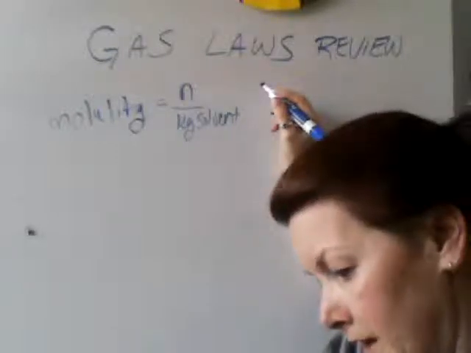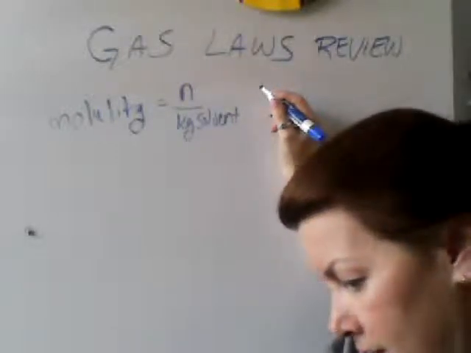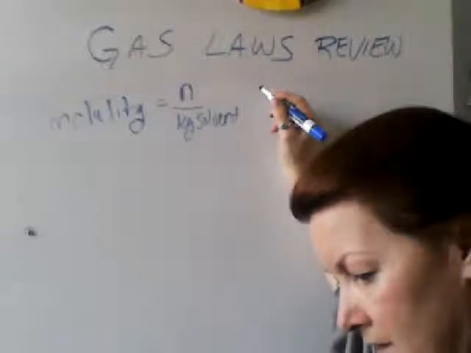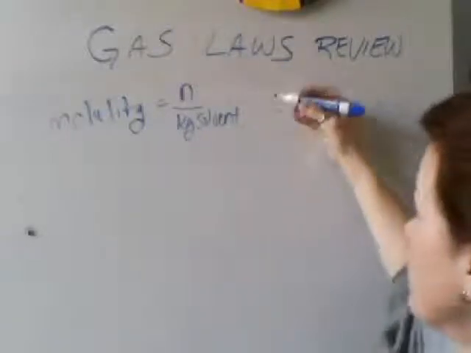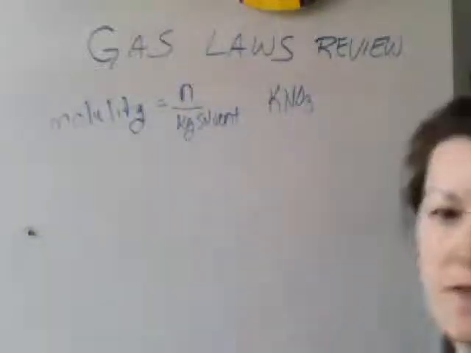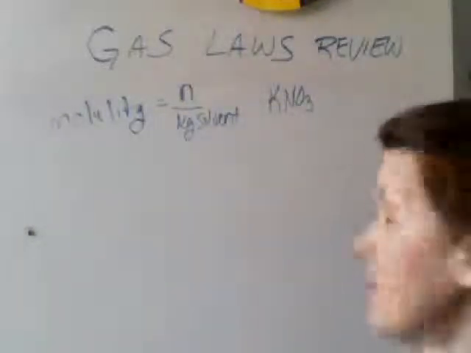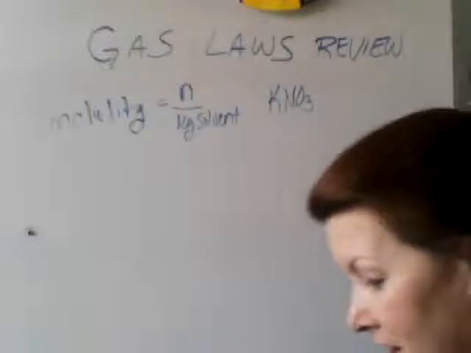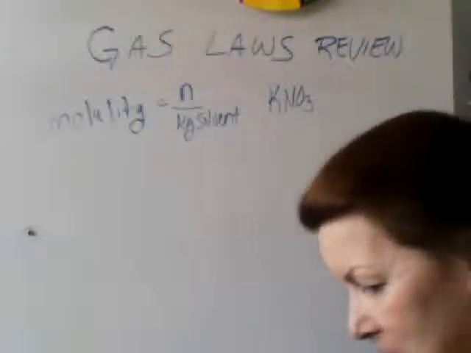So we know that if we have a concentration of potassium nitrate, we want to also write down our formula for that. We have potassium nitrate. Yes, you're going to have to know your polyatomic ions until the end of chemistry.